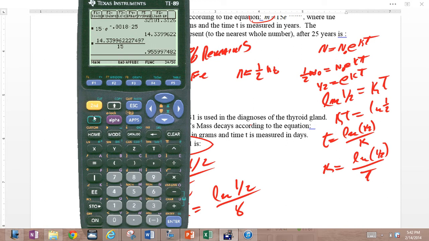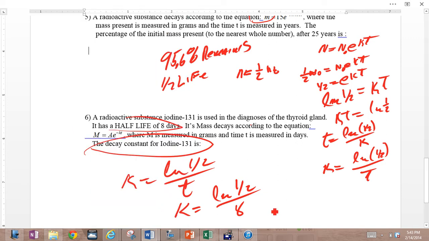Natural log of 0.5, that's 1/2, divided by 8. The decay constant is negative 0.0866. So k is equal to negative 0.0866.